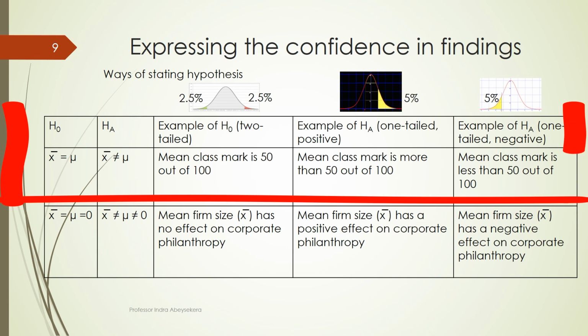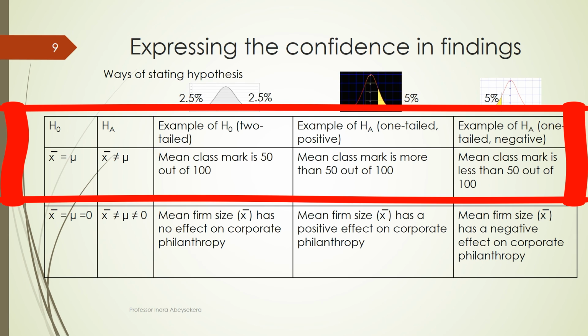Two-tailed testing is mean class mark is 50 out of 100. But if we want to test as a positive, we say mean class mark is more than 50 out of 100. If you want to test it as negative, we say mean class is less than 50 out of 100.